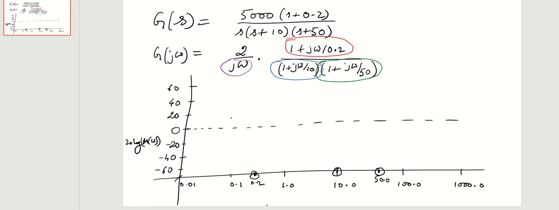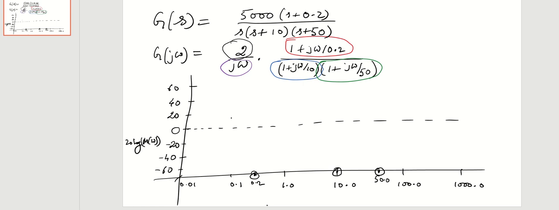So anyway, we'll not draw these two separately. So let me just simply mark it out with a black circle. So these are the different types of terms that we have.